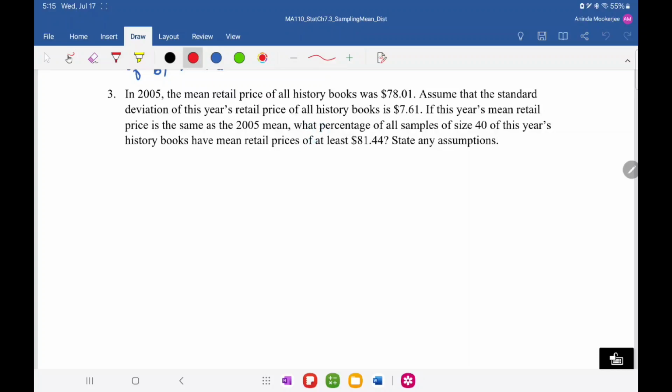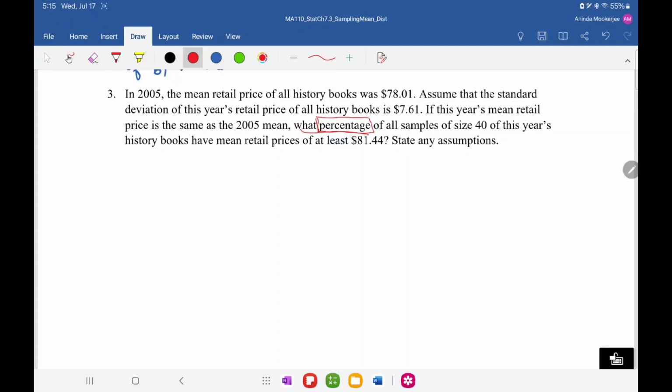The first thing I must know is, what am I supposed to provide as an answer? It says, what percentage of all samples of size 40 of this year's history books have mean retail prices of at least $81.44? So the key word that tells us what to do is percentage.